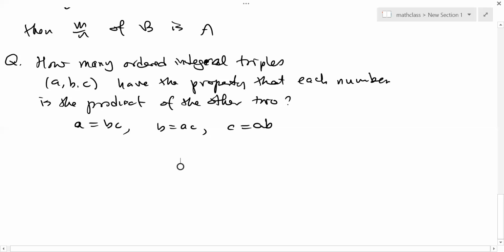We can also try a equals b times c, but we also know that c is going to be ab. So you get a squared b, for example. Well, no, this is not the way we do it. So A is B times C, and C is going to be... let me try differently.